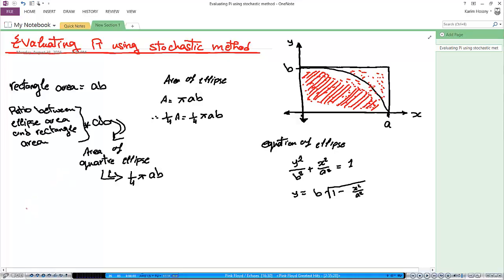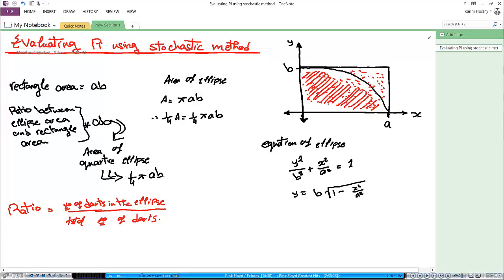Therefore, you can make the ratio equal the number of darts in the ellipse divided by the total number of darts.